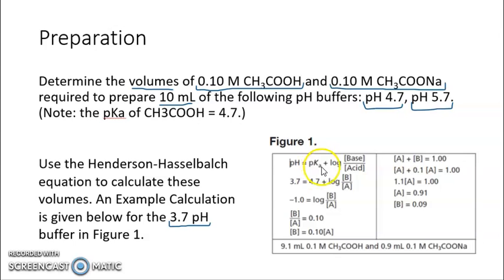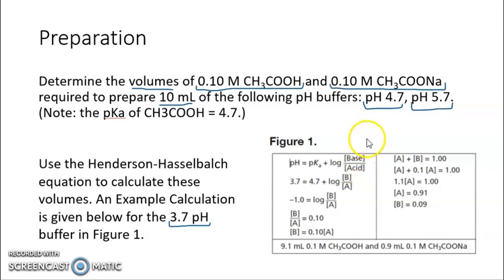So this is the example that's worked in the investigation manual. You start with the Henderson-Hasselbalch equation, pH is equal to pKa plus log of the conjugate base over the acid.